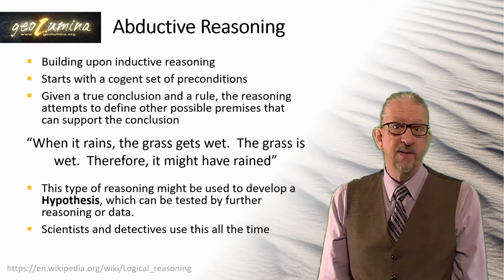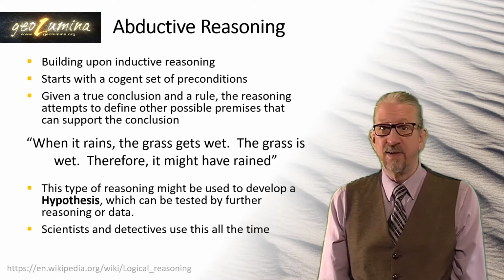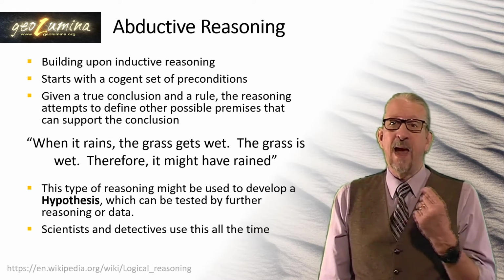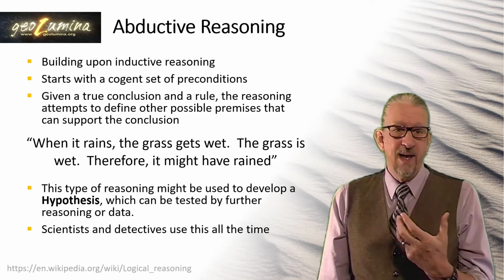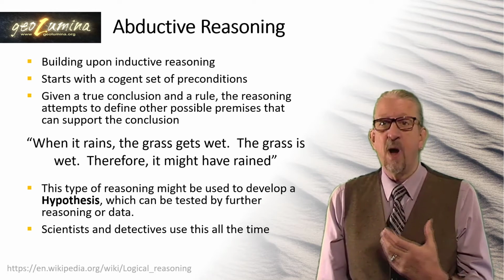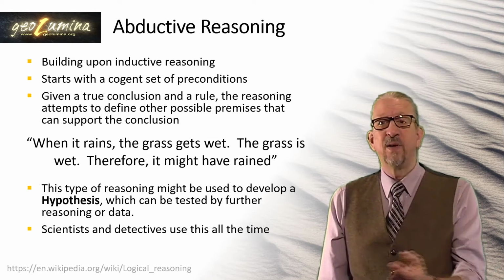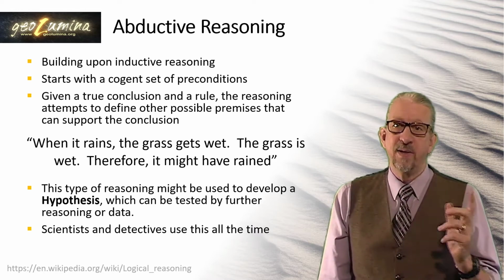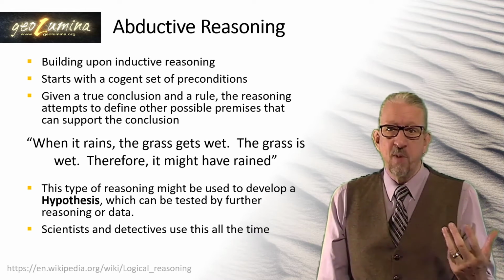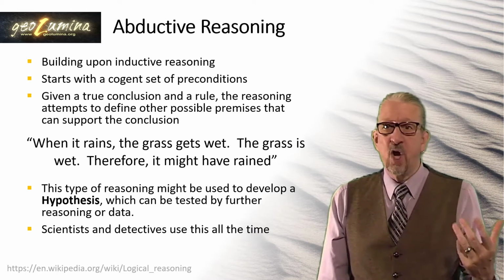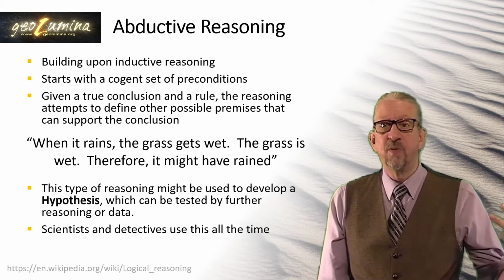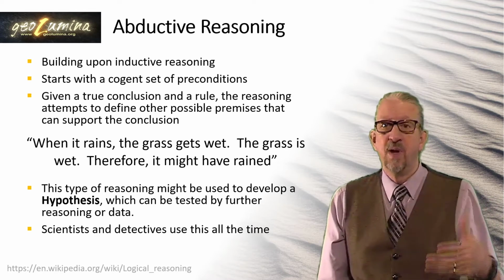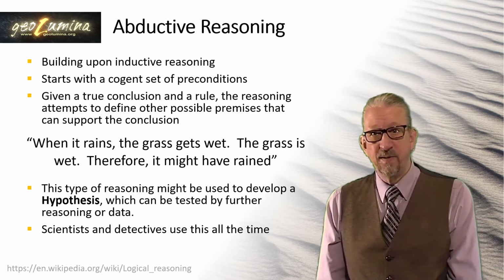And this, in fact, is what scientists and detectives pretty much do all the time, because this abductive reasoning enables us to build and develop hypotheses, and these are things that we can go back and test, things that we can go out and either build a new model or collect new data and observations to provide new premises to insert into the argument to strengthen the argument.